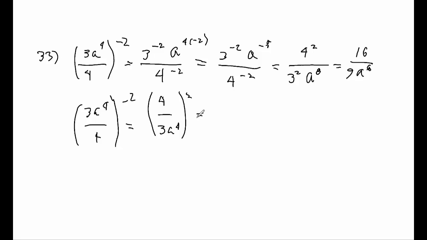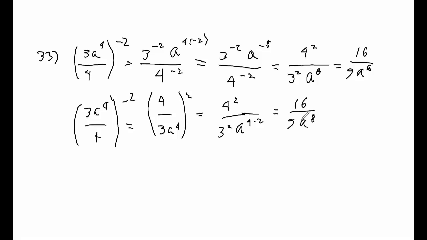And then I could say 4 squared over 3 squared a to the 4th times 2. And again, I'll get on the top 16. And this will be 9, and this will be a to the 8th.